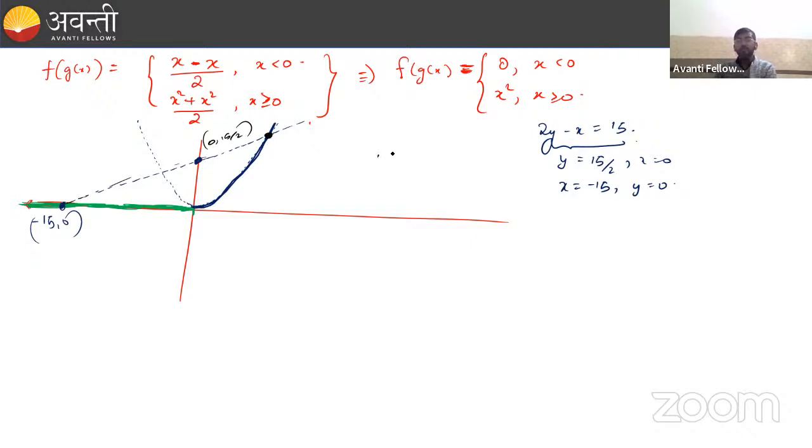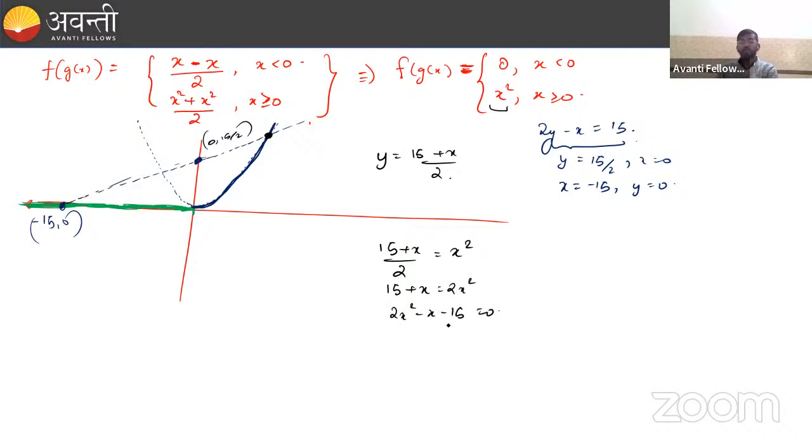We know y is (15 plus x) upon 2, so 15 plus x upon 2 should be equal to x square. So we get 15 plus x is 2x square, so 2x square minus x minus 15 equals to 0.